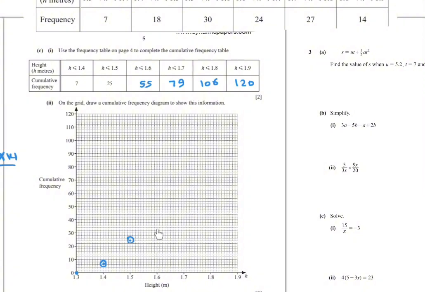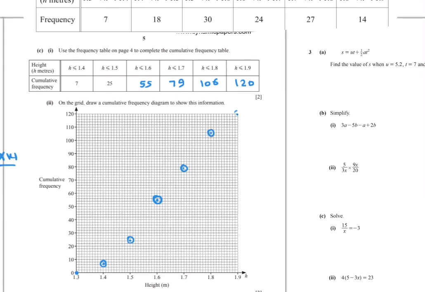1.6 and 55. 1.7 and 79. 1.8 and 106. 1.9 and 120.